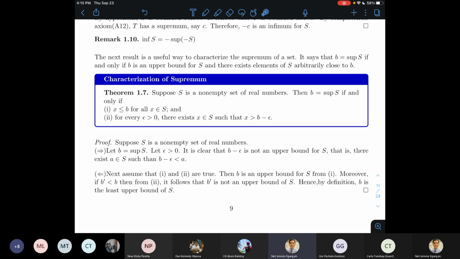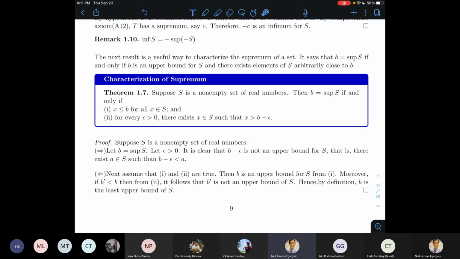So it says here that if S is a non-empty set of real numbers, then the supremum of S is equal to B if and only if the number B satisfies the following conditions. Condition 1 is that B is an upper bound for the set S. Okay? And then the second property is that for every epsilon greater than 0, there exists an element of S that is larger than B minus epsilon.